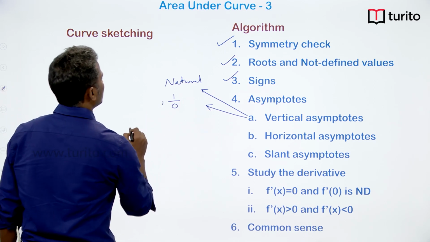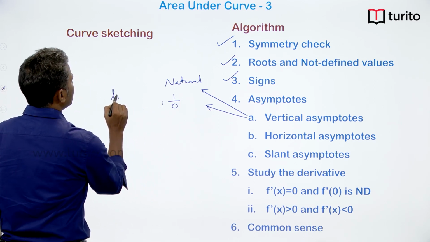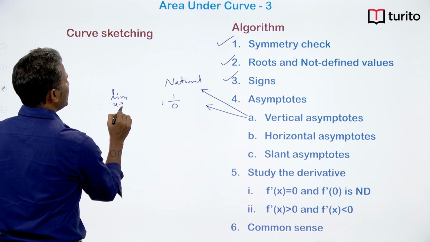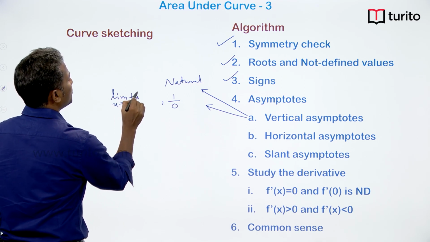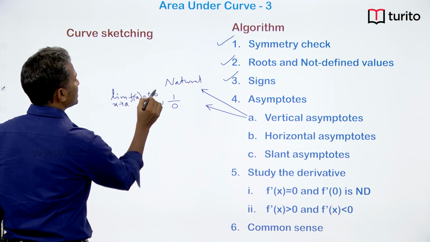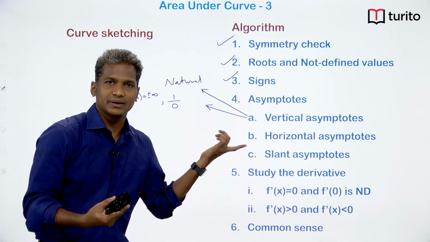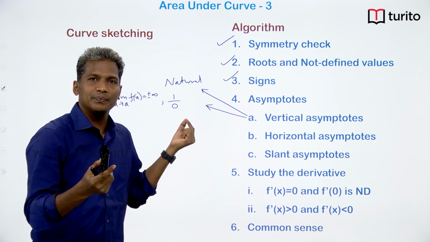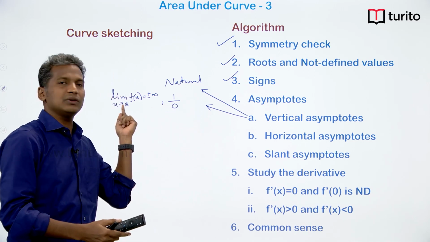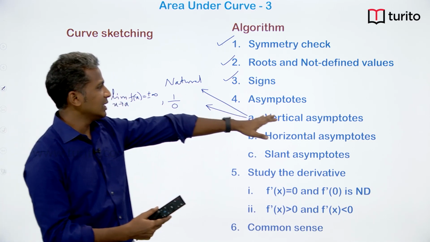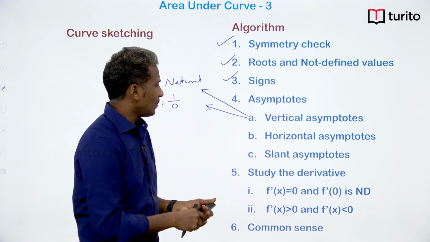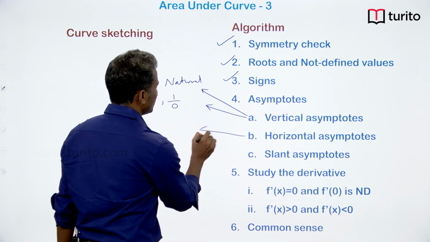Also, the other case could be limit x tending to any constant, where the output must be going to either plus infinity or minus infinity. Basically, that is exactly what I am talking about here. When we hit the 1 by 0 form, basically we are hitting a value like this. Okay. So, here vertical asymptotes exist. What about horizontal asymptotes?